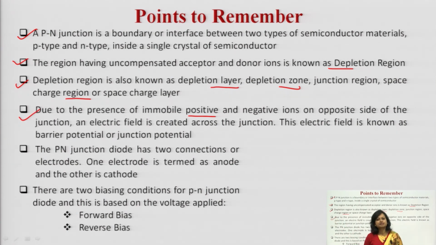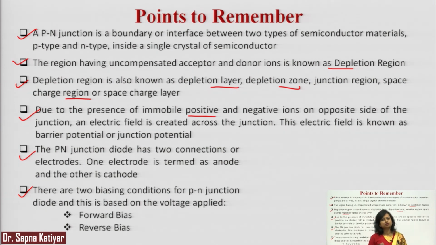Second thing, we have discussed the PN junction diode. A PN junction diode has two terminals, one is the anode and second is the cathode, and PN junction is the basic building block for any electronic device. And there are two possible types of biasing in case of PN junction, depending upon the manner in which the battery is connected.